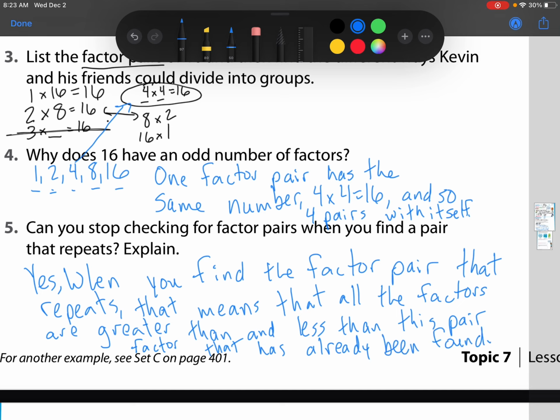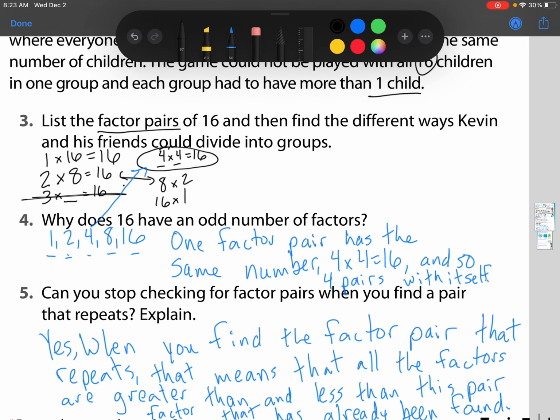Now, there is something that we notice. We have this part right up here that we didn't read our directions very carefully. It says, list the factor pairs of 16 and then find the groups. We never said our groups that he could have. So let's list our groups that he could have. Well, we can't have that 1 times 16 because remember we can't have 16 altogether.